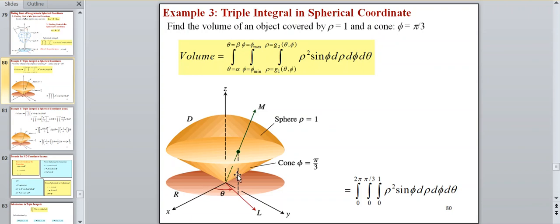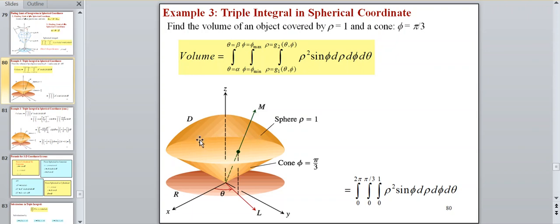So the region is covered from below by this cone, and from above by this sphere. This is our three-dimensional object, and we want to find its volume.